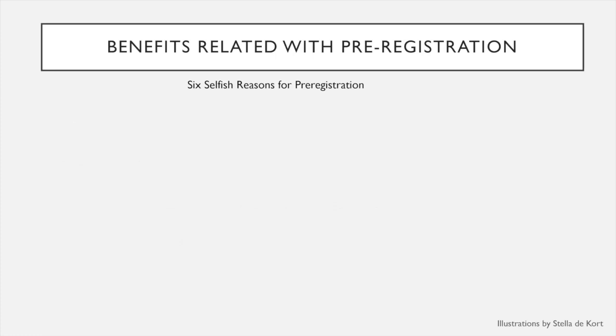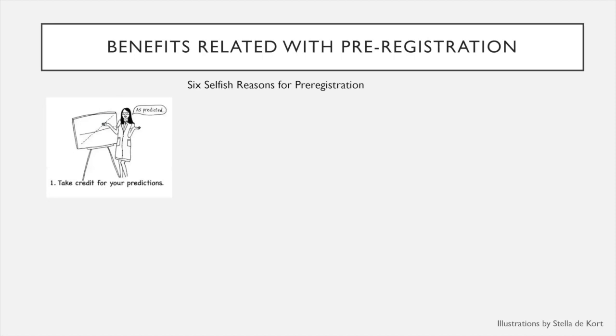Also, I just wanted to share some reasons for pre-registration. These were shared by the Association for Psychological Science, and it's about, let's see, for us as researchers, what are the benefits? If we are concerned maybe with these benefits, we will give it a try.